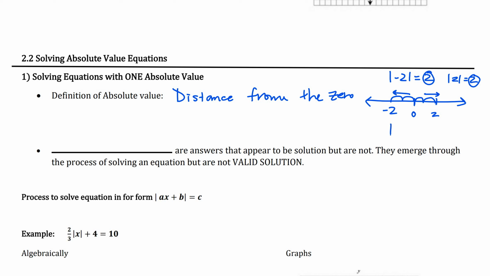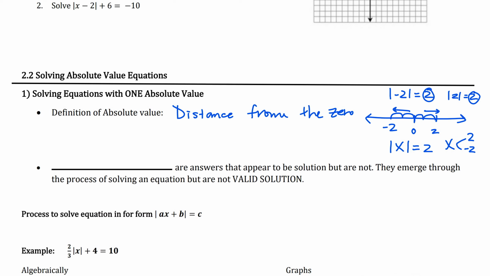So if I have |x| equal to 2, that means x has a choice of either 2 or negative 2. It allows both directions, and the outcome will be 2. That is the definition and character of absolute value.